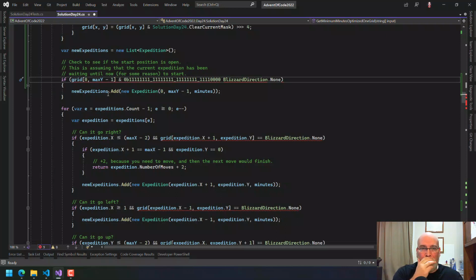Okay. No, this is where the boolean logic always kicks me in the butt. I don't care about any of these upper bits. All I care about is the lower 4 bits. I think I need to do the reverse.